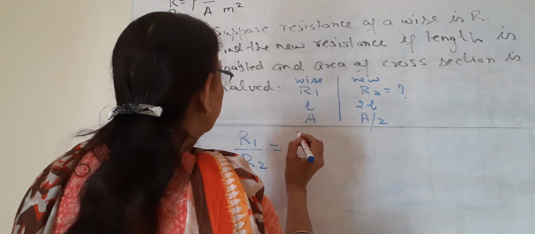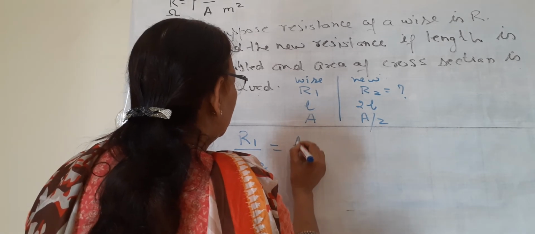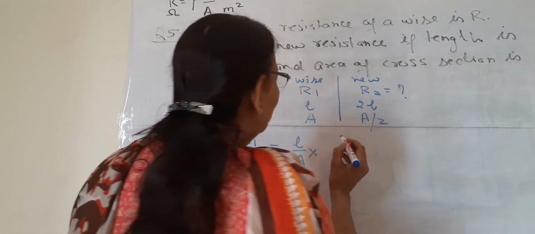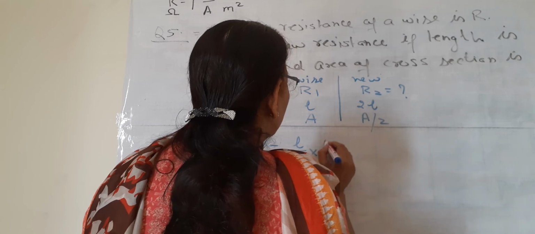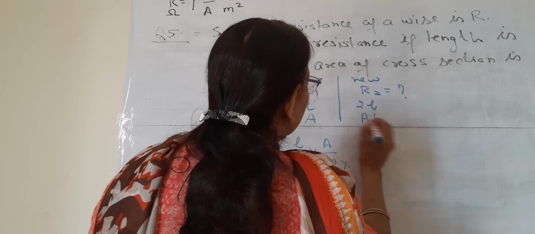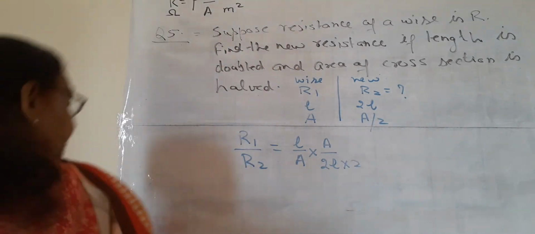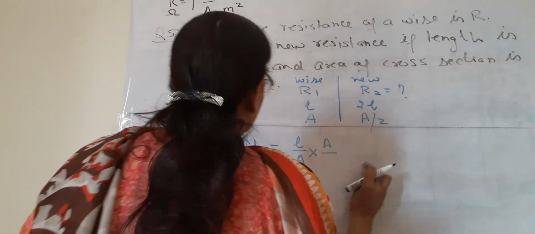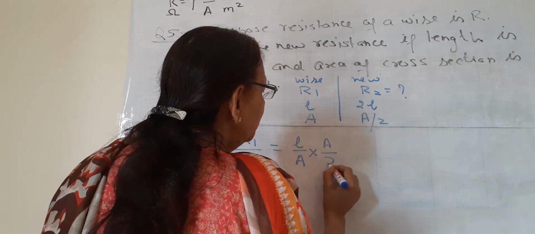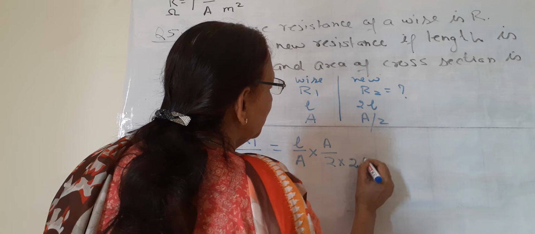R1 is equal to L by A, and R2 also L by A. For the second, area is A by 2 and length 2L.